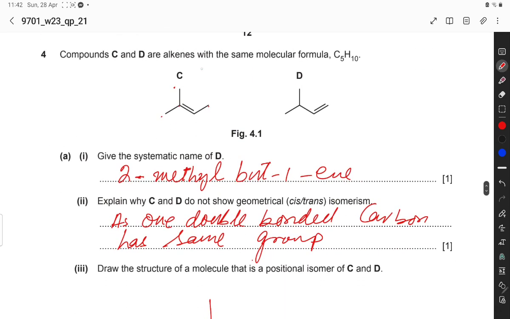Compounds C and D are alkenes with the same molecular formula C5H10. Give the systematic name of D. So this is methyl, this is the alkene, and this is again methyl. Numbering 1, 2, 3, and from the other side 1, 2, 3 and 4.